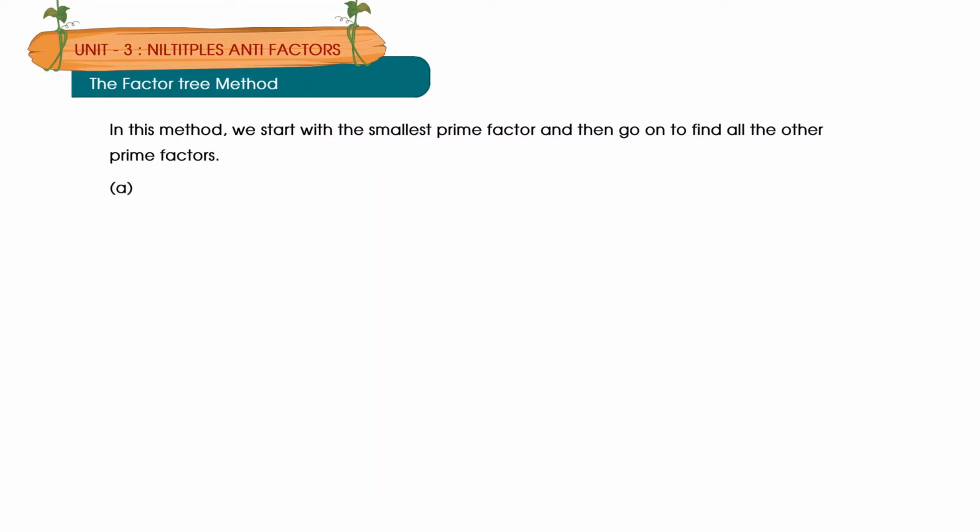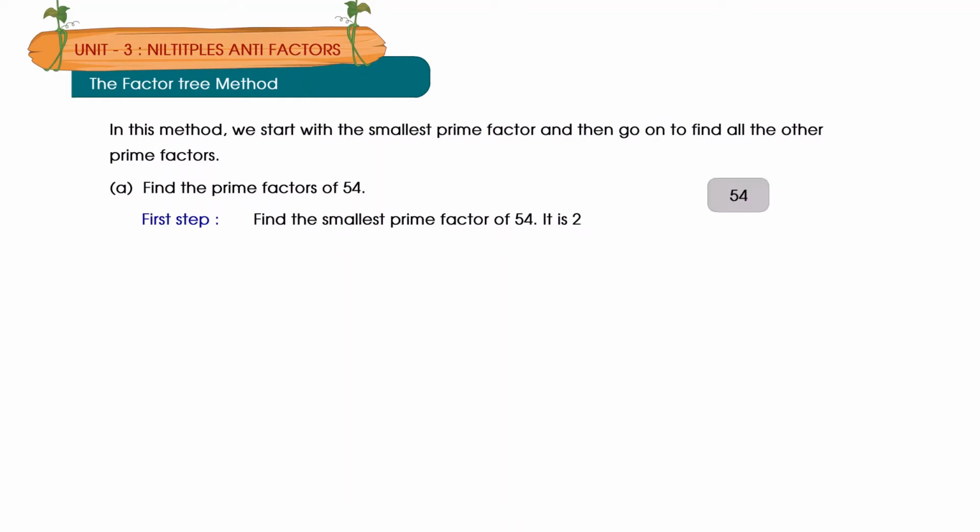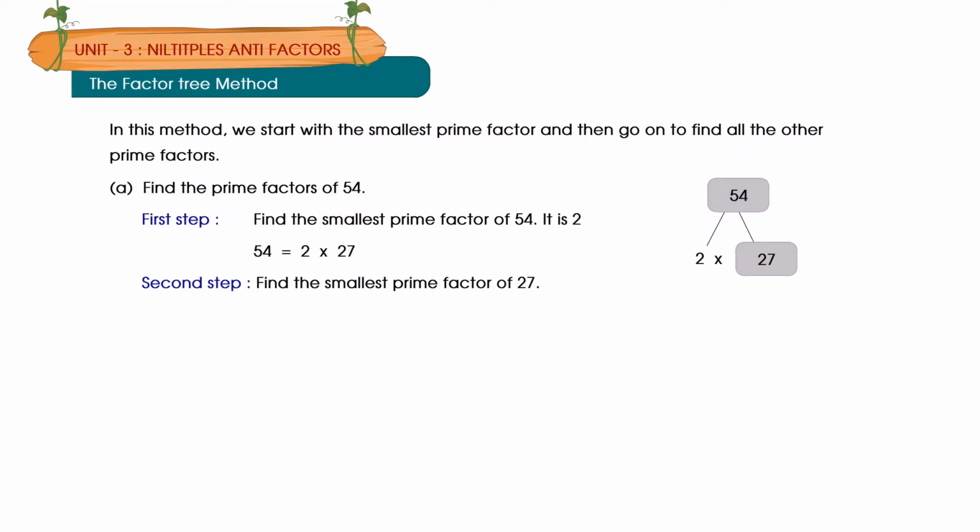A) Find the prime factors of 54. First step: find the smallest prime factor of 54. It is 2. 54 is equal to 2 into 27. Second step: find the smallest prime factor of 27. 27 is equal to 3 into 9.